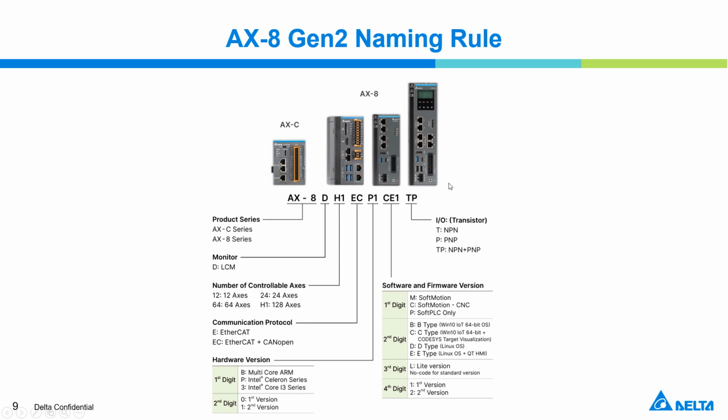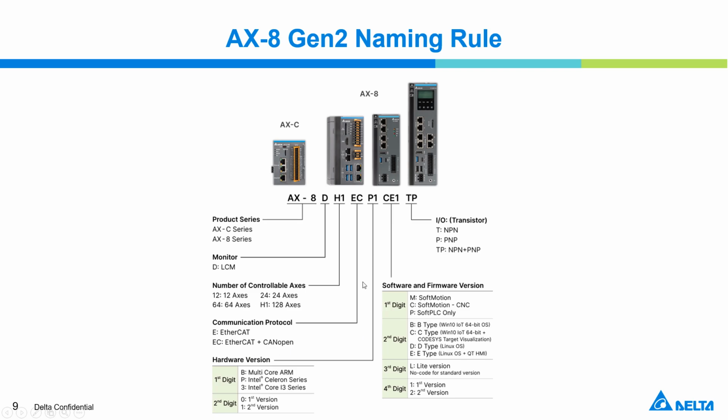Okay, here are the naming rules of AX2. You can see that for different modules, the controllable axes can support 12, 24, 64, and 128, and some modules can support EtherCAT, where you add the EtherCAT and it can open.